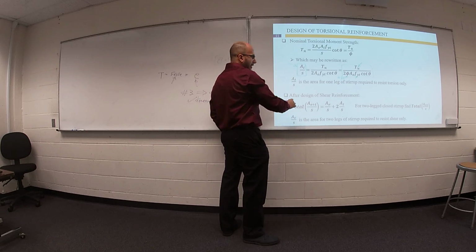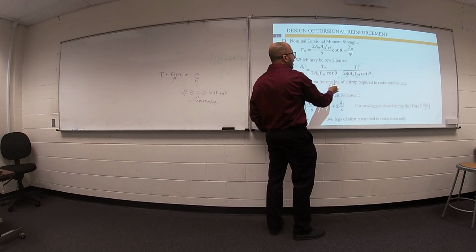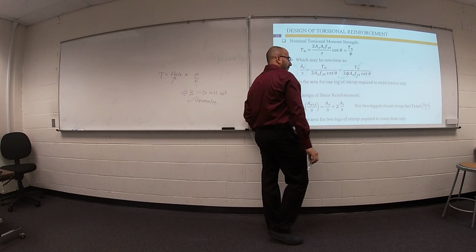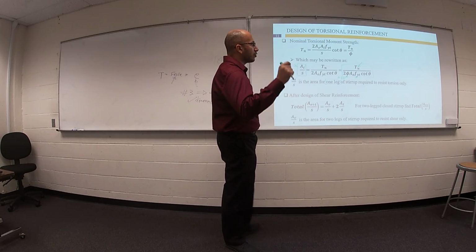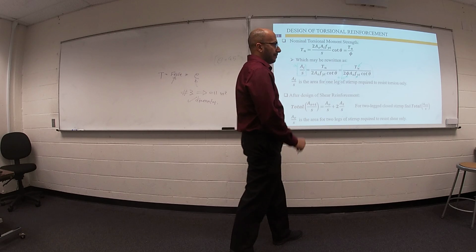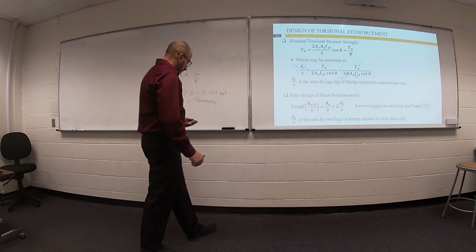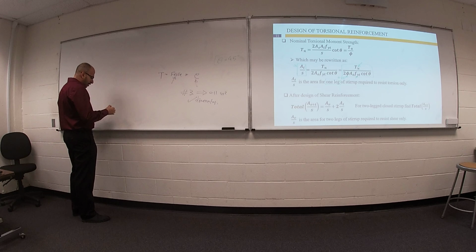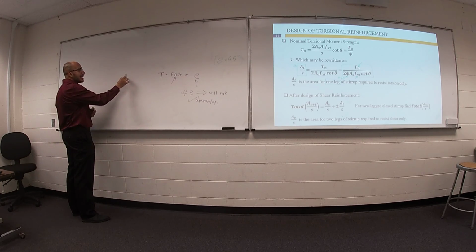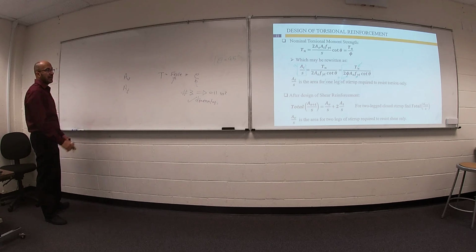AT over S is the area of one leg of a stirrup required to resist torsion only. Do you remember the difference between AV and AT right now?